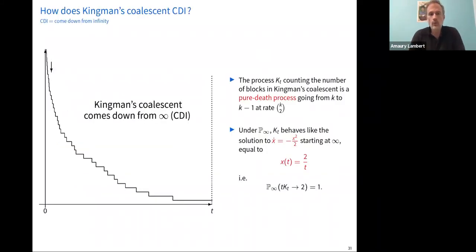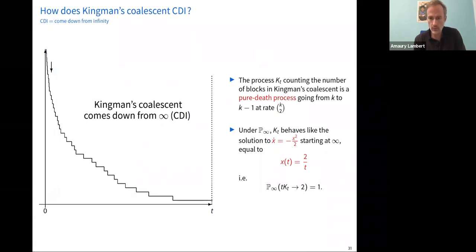The answer is actually no for the Kingman coalescent, because if you look at K_t, the number of blocks in the Kingman coalescent, as I said, it comes down from infinity. So you can start with a partition into singletons, but you can show that K_t for t small behaves like the solution to x dot equals minus x squared over 2.